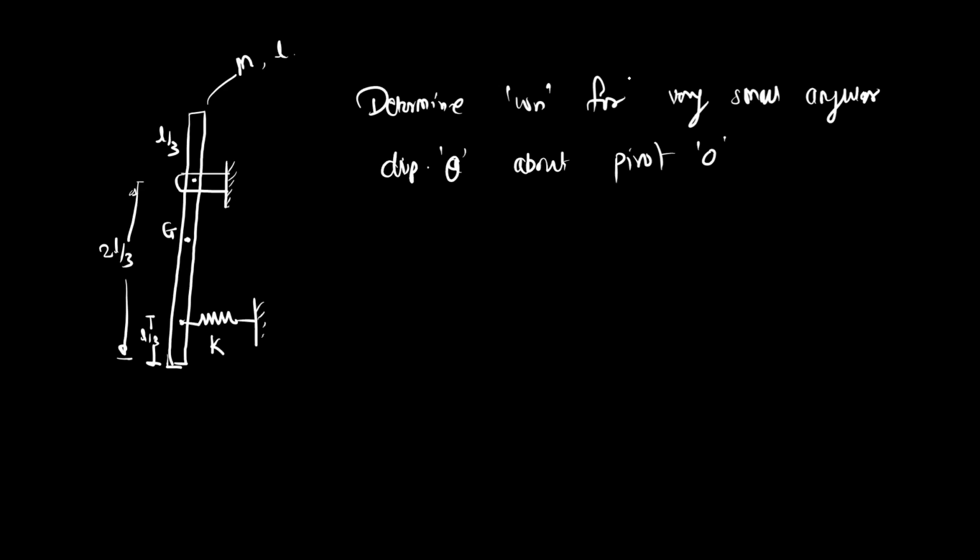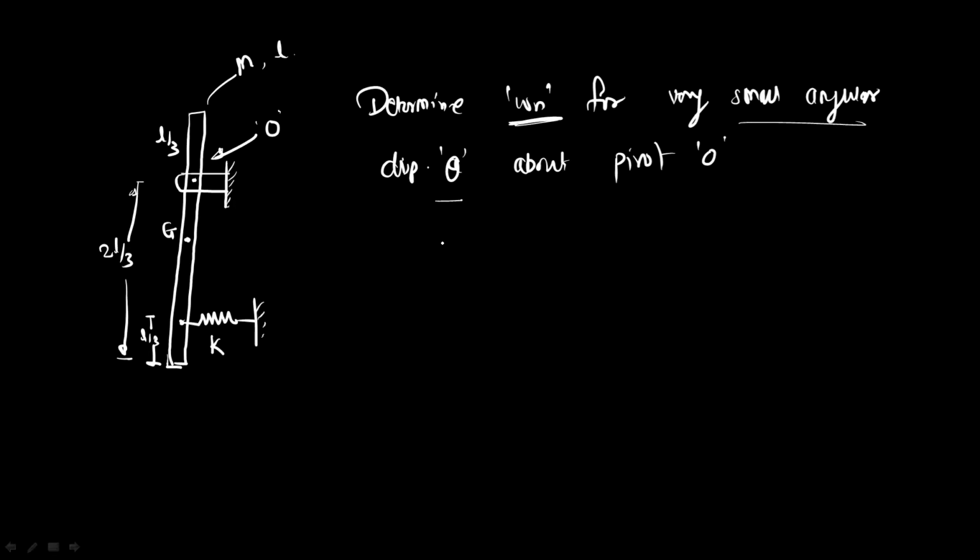The system carries one slender rod, which is pivoted at point O. This is the pivot point. One spring is connected with stiffness K at distance L by 3 from its one end. We need to determine the omega n by assuming a very small angular displacement theta about the pivot point.